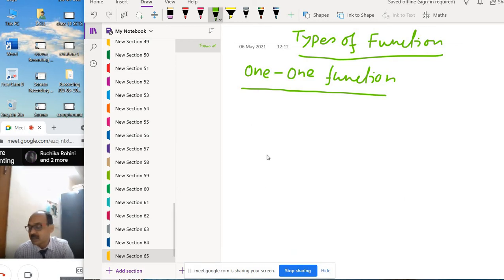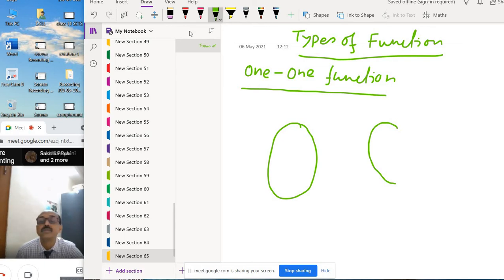So what type is a one-one function? Take two sets X and Y. This is one set and this is another set.